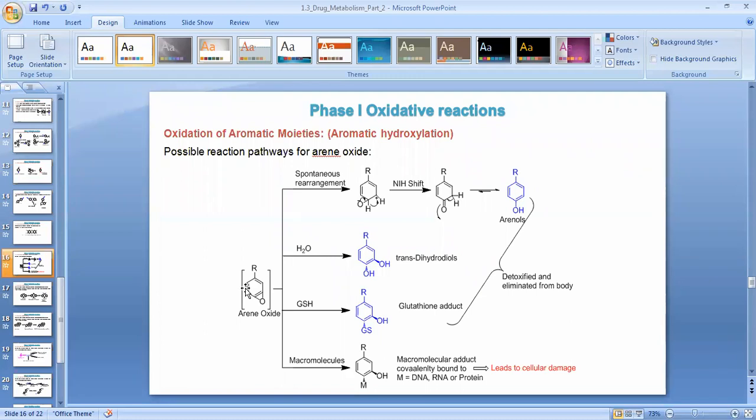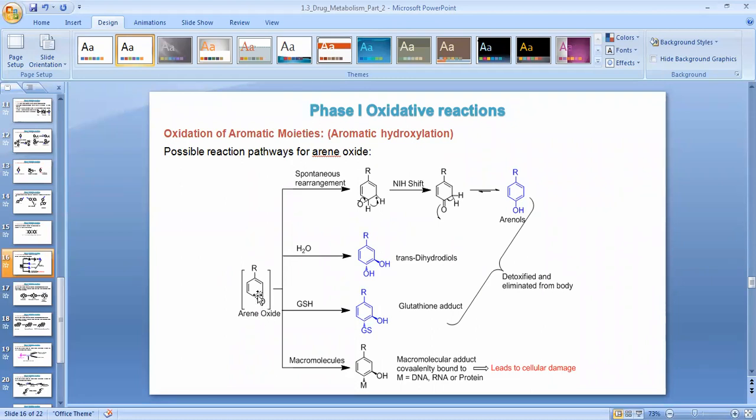It proceeds via the intermediate formation of a compound, that is arene oxide. Now what happens to this arene oxide? First of all, it spontaneously rearranges its structure, shifting its hydroxyl group, or oxygen and hydrogen, to a different position.